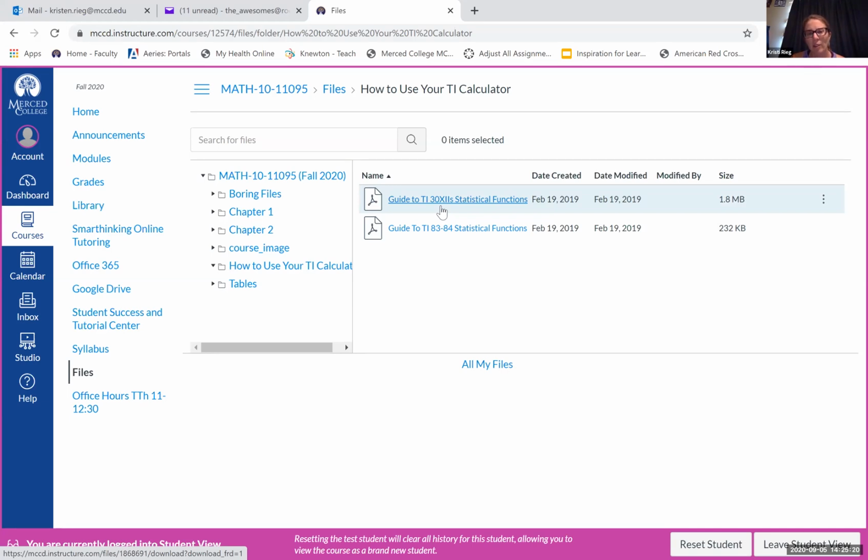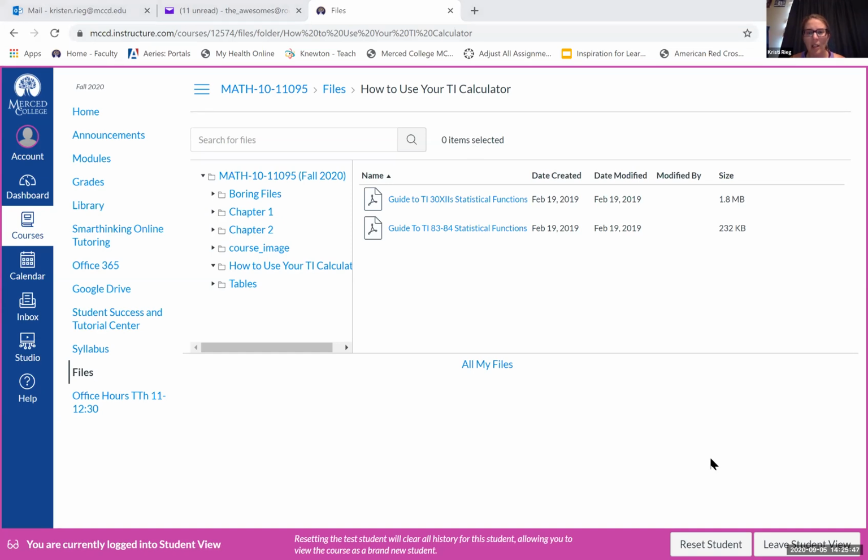I have a file for each, just a couple pages, and you jump to the specific topic. Today we're doing standard deviation, so if you need to know how to do that on one of these two calculators, look for the standard deviation portion. Okay, let's go to our notes.